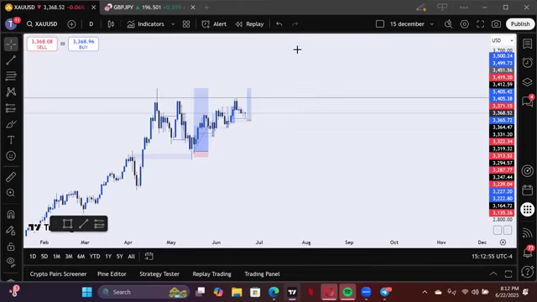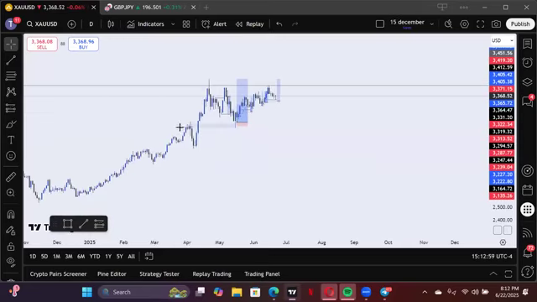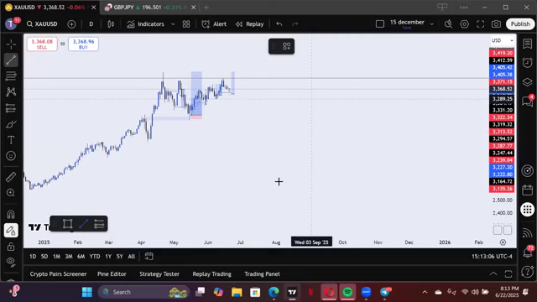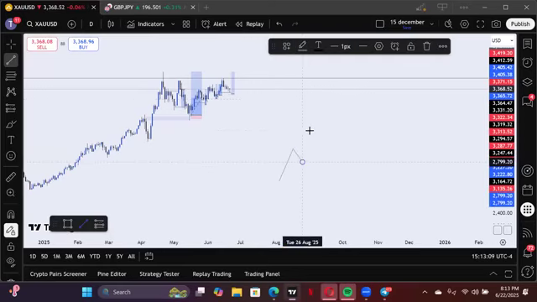Now, normally, we already know that there are three ways that price makes its movement. Either market is trending to the upside, or is trending to the downside, or is ranging. So normally we have an uptrend: higher highs, higher lows.